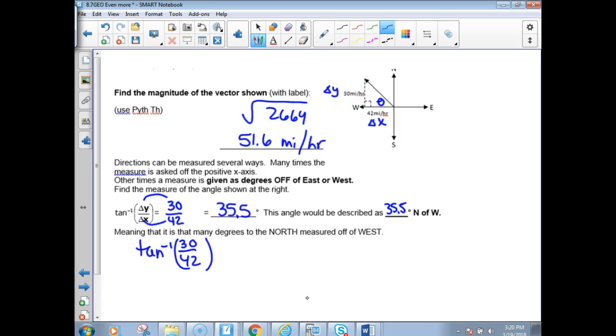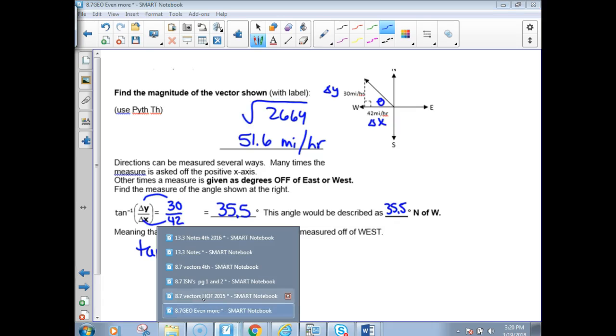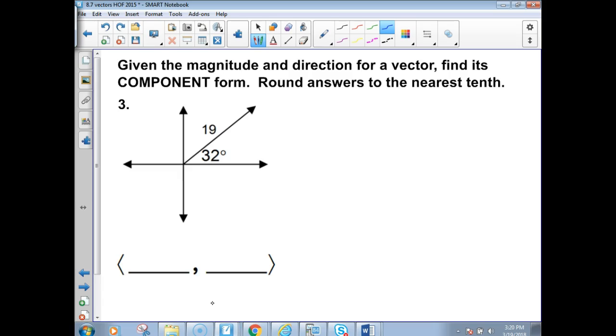Okay, go back to the packet where this stuff is right now. This is why I stopped and went back there, because it's asking us for that kind of stuff. This is the example, I believe, that we just did, one of them. Given this magnitude and the angle, we're going to find the component form. So this is going to be my x, and the vertical number is going to be my y. Just like plotting points. So, adjacent over hypotenuse, cosine of 32 is equal to x over 19.